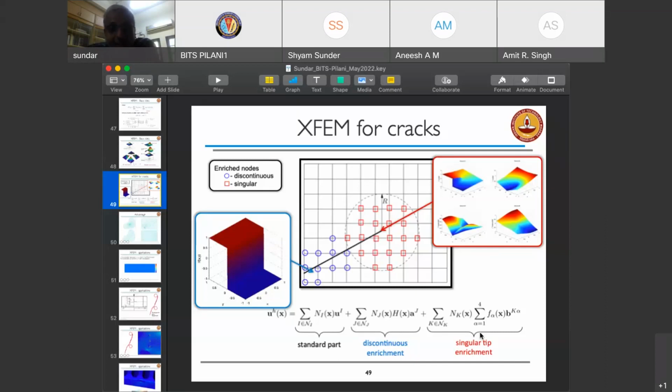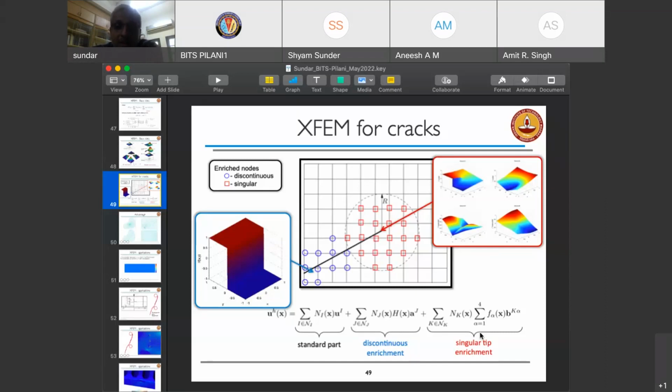We don't know what those enrichment functions are, and of course, there are ways by which we can derive the functions, but after you derive them, you see that they are very complex. Same is the case if I have a crack in an orthotropic material. There, since the material is orientation dependent, the functions also become complex.